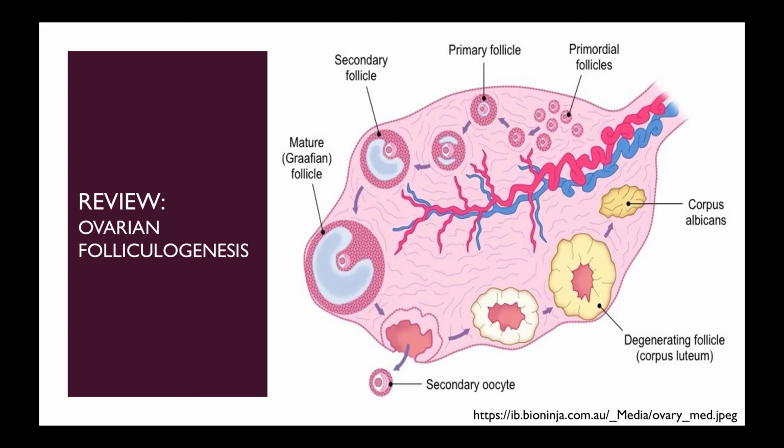The development from the primary or preantral follicle to the secondary or antral follicle, and lastly to the mature preovulatory follicle, takes about 1 year to complete. Only about 400 follicles complete this process, whereas the majority of follicles undergo programmed cell death.